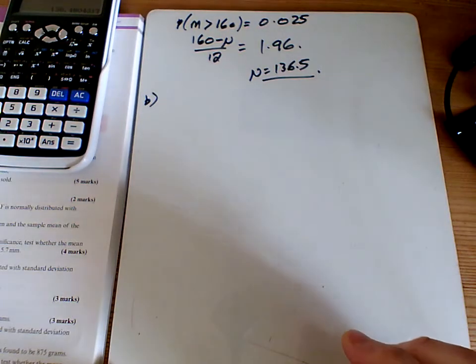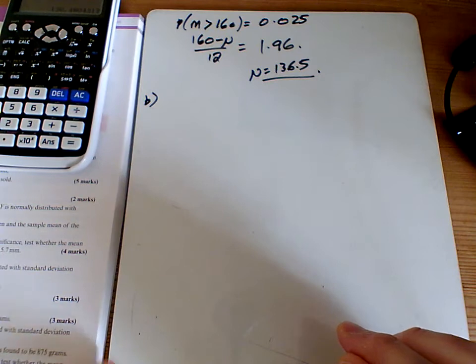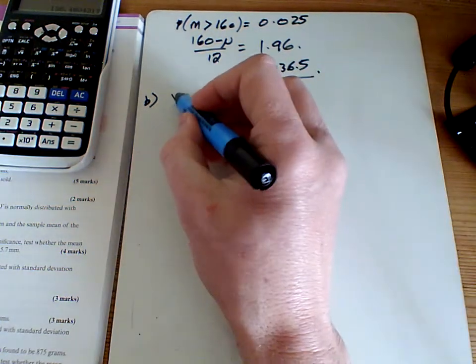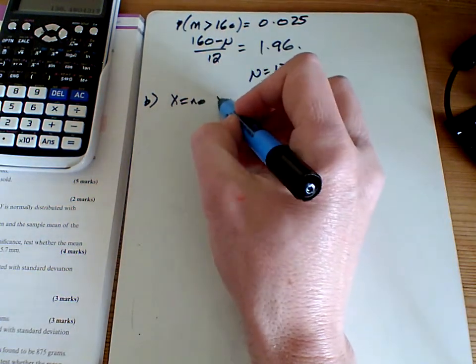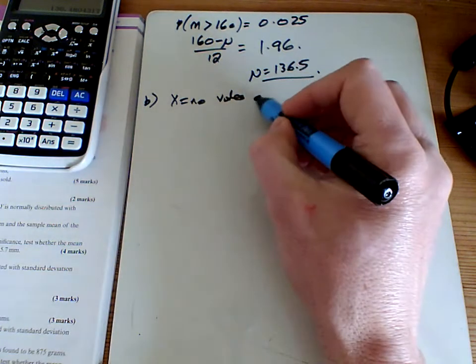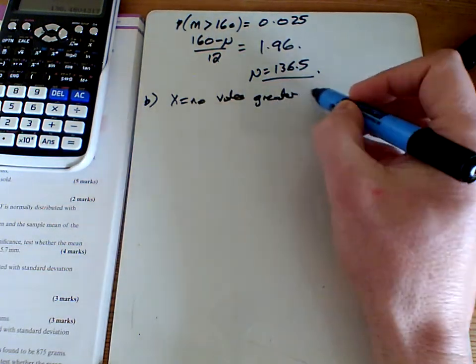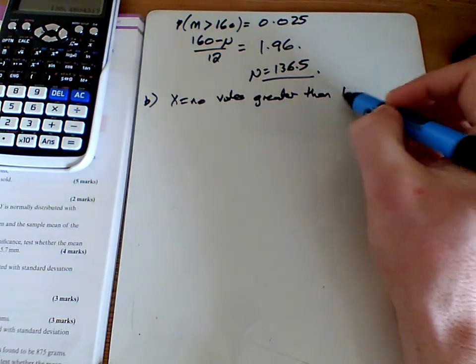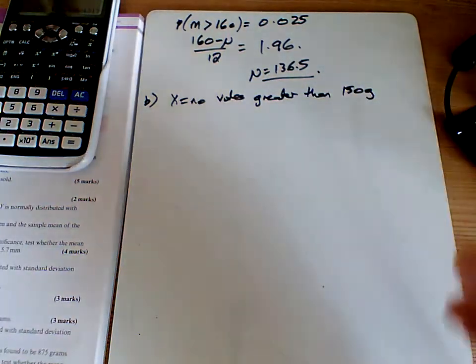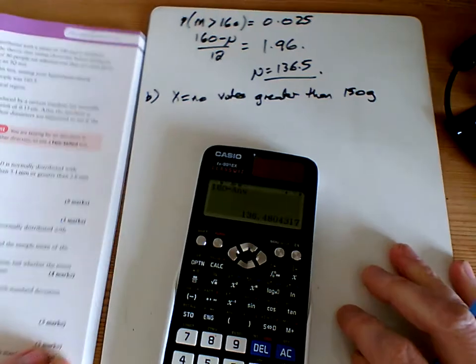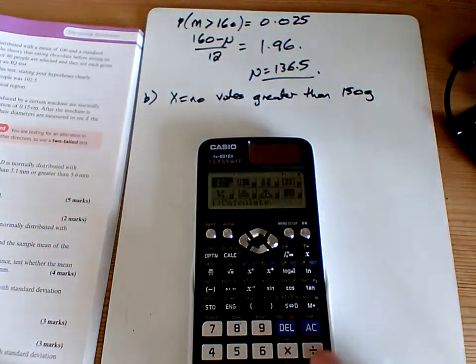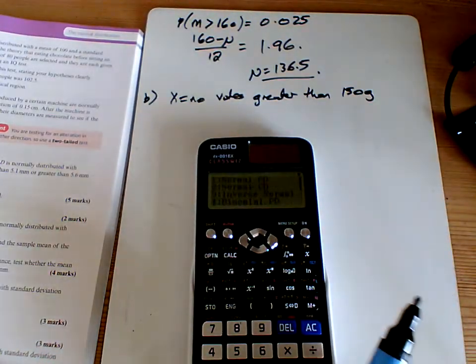In part B, we're choosing 8 water voles, so x equals the number of voles with a mass greater than 150 grams. So with our calculator again, let's just go for a normal one.